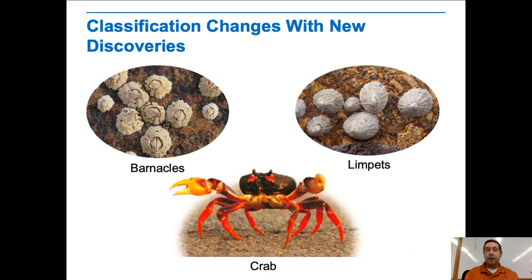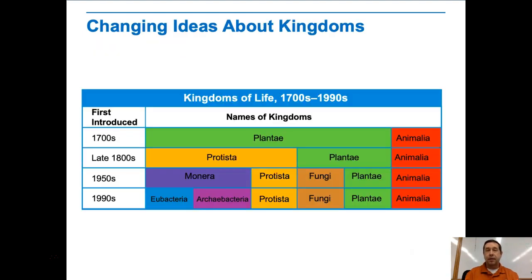So as we've made new discoveries, we've had to make changes to our classification system. Linnaeus, back in the 1700s, had 2 kingdoms, Plantae and Animalia, plants and animals. And then in the 1800s, we added the Protist kingdom, which were things that didn't really fit in plants or animals. A lot of them were unicellular. Small things like amoebas and things like that. And then in the 1950s, we added the bacteria kingdom, which was called Monera at the time.